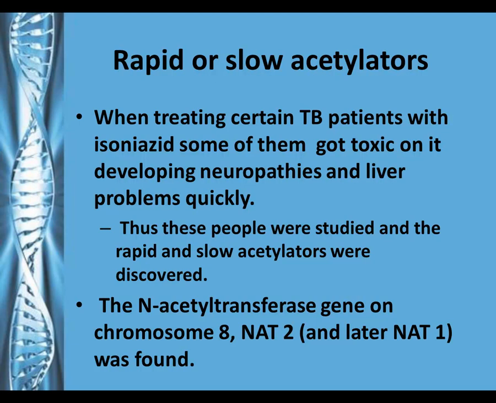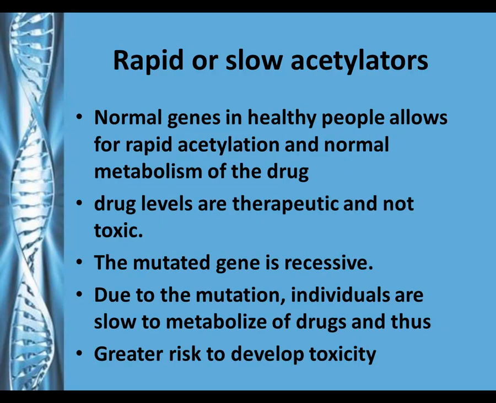So they studied these individuals, and rapid or slow acetylators were discovered. There's an acetyltransferase gene located on chromosome 8. This is NAT2, and later they discovered NAT1 was found in these people.